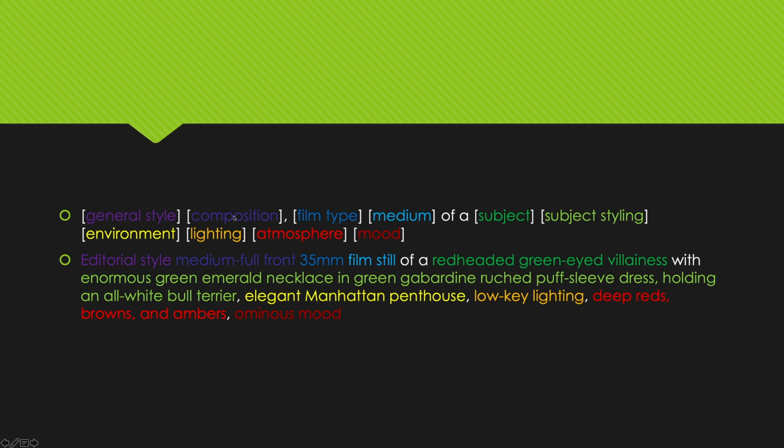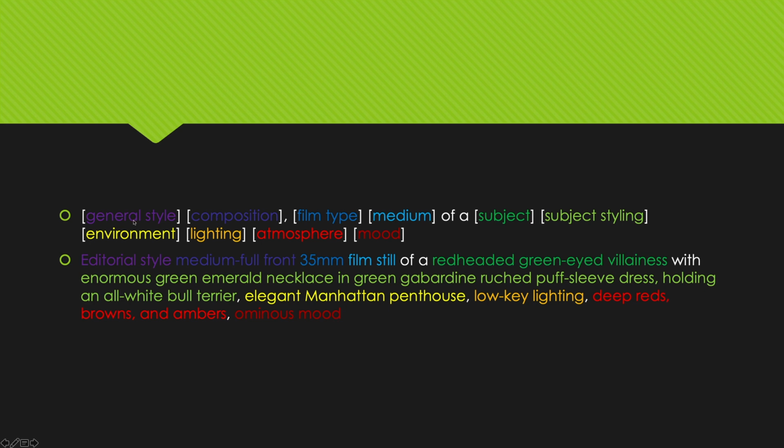But we've got general style, composition, film type, medium, subject styling, environment, lighting, atmosphere, and mood. So the example we have is an editorial style, medium full front, 35 millimeter film still of a red-headed, green-eyed villainess with enormous green emerald necklace and green gabardine ruched puff sleeve dress, holding an all-white bull terrier, elegant Manhattan penthouse, low-key lighting, deep reds, browns, and ambers, ominous mood.